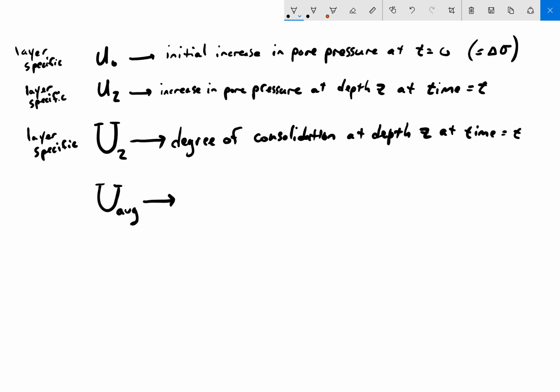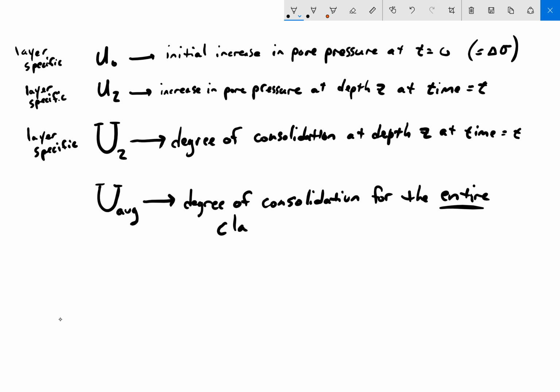The average, though, this is the degree of consolidation for the entire clay layer, not just a sublayer.